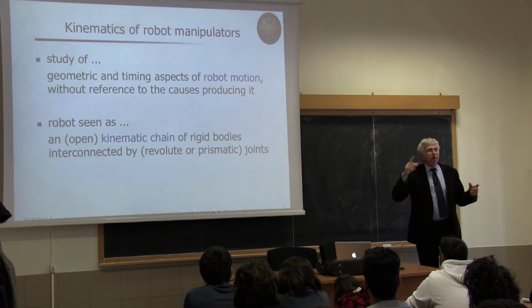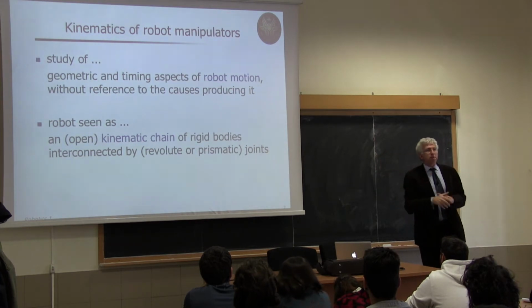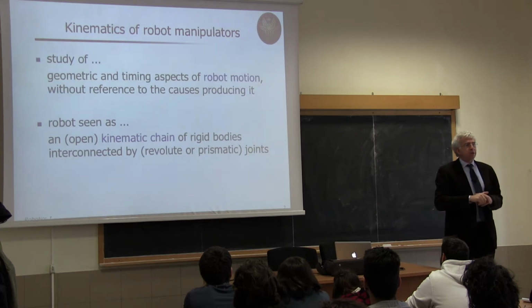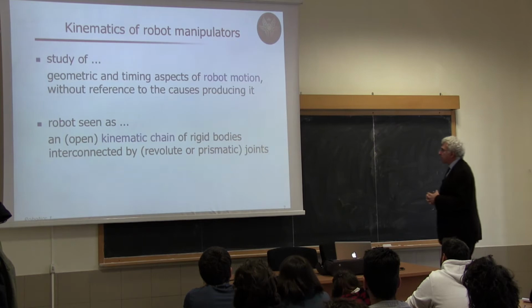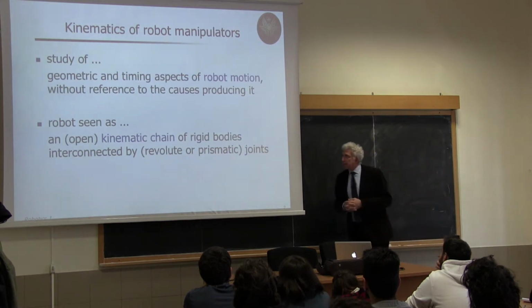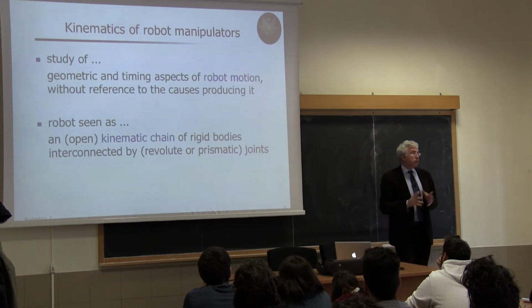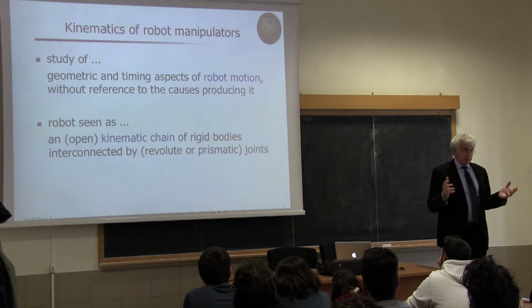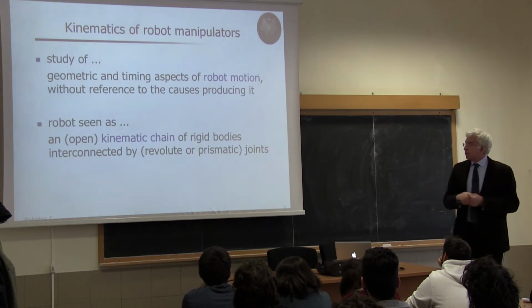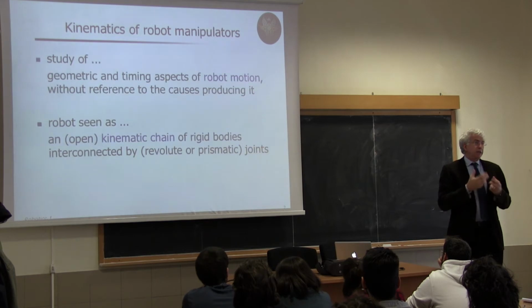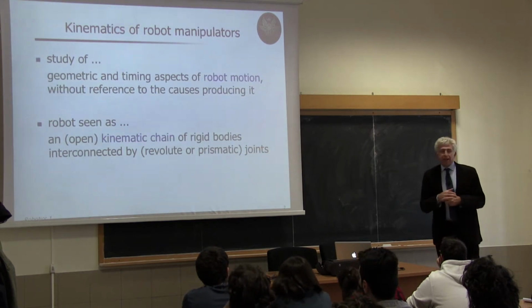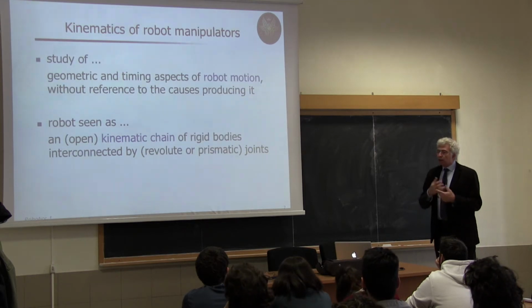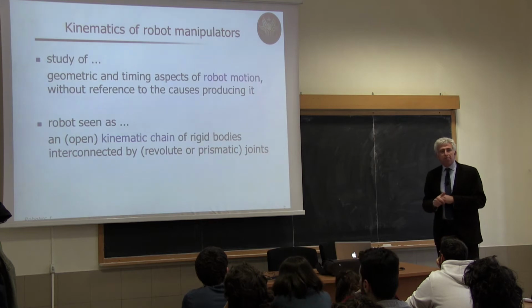There is no ambiguity in saying what comes first, which happens when you have a kinematic loop. Okay? And these rigid bodies will be connected by joints, and we will consider only two types of joints. There are multiple types in general, but these are the elementary ones, and you can decompose other more complex connections between successive links with a revolute or prismatic joint.